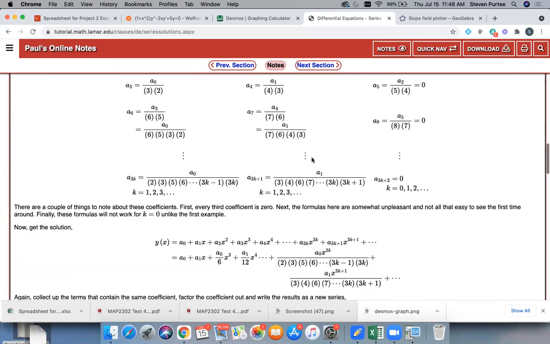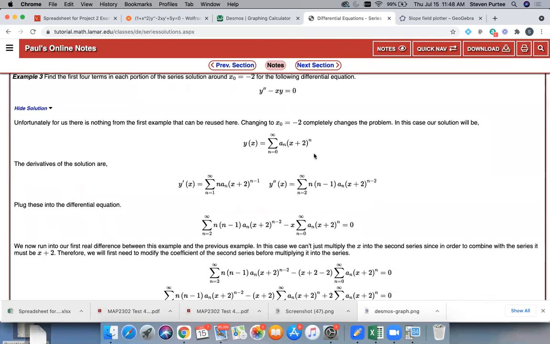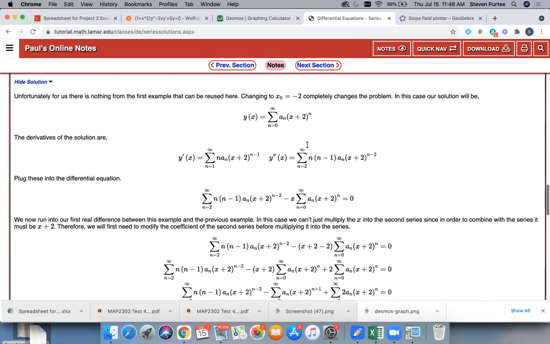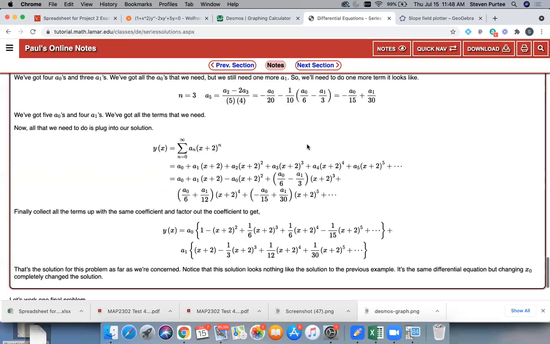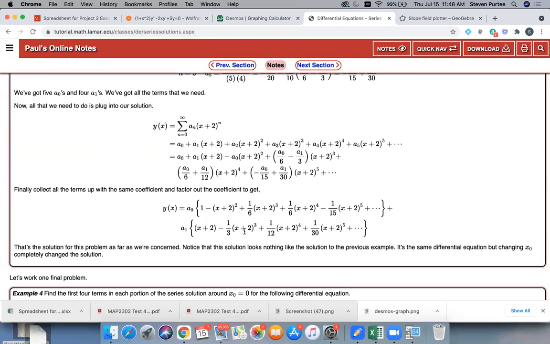So here he walks through an example of expanding about a non-zero, non-singular point. So you can read through that. And at the very end, when we get our solution, we'll have all these powers of x minus -2, or x plus 2. Then if I plug in points near x equals -2, this will give me a really good approximation of the real solution. This might not be any good near 0, but it would be really good near -2.